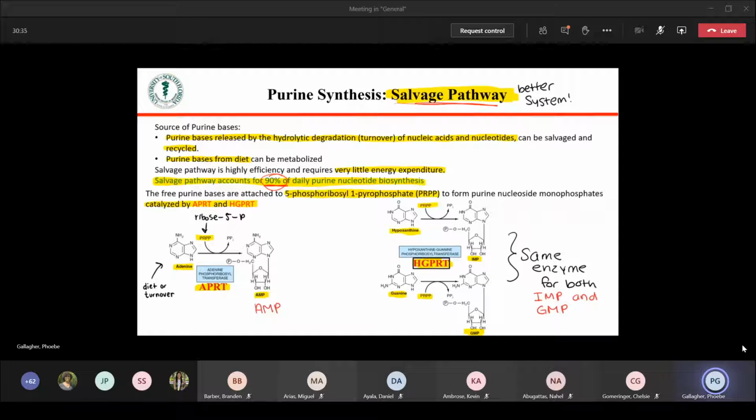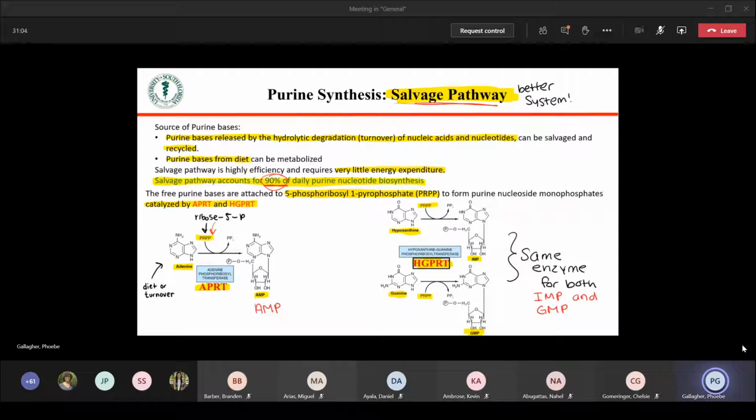Pretty much what the salvage pathway is, you either eat or, from some kind of cell turnover, you release all these free bases, and these free bases will then need to be put together to make a nucleotide. So from the pentose 5-phosphate pathway, you're making ribose 5-phosphate, and then as we discussed in the first step of purine synthesis, it eventually becomes PRPP.